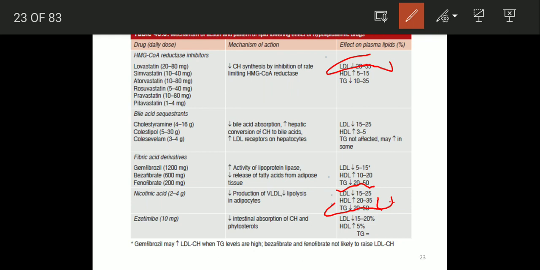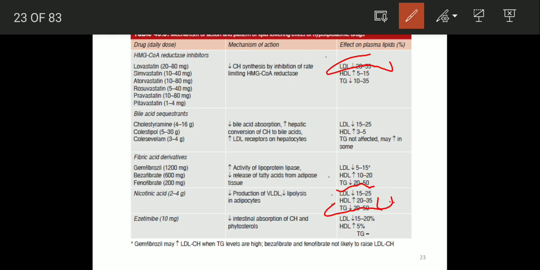HDL is increased by 20 to 30%, which is the highest amongst all the hypolipidemic drugs, and triglyceride is also decreased by 20 to 50%. So all groups are important, but these three groups are more important to understand.